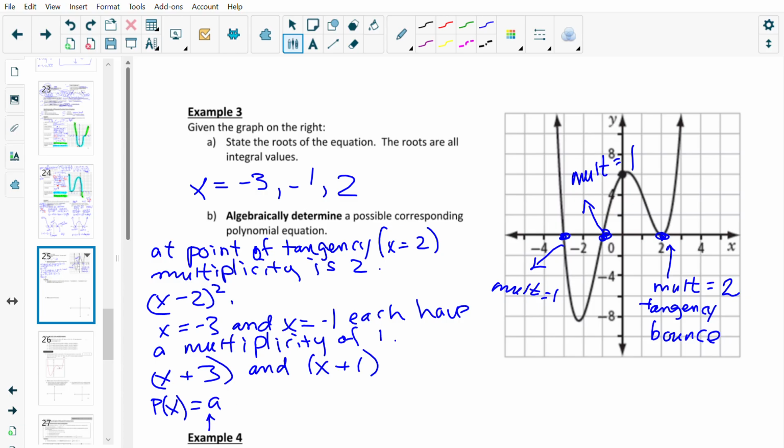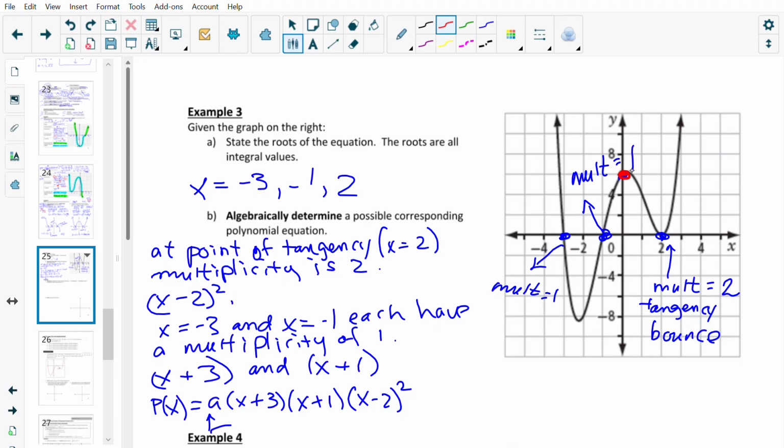Okay, so a possible, so I don't know what that lead coefficient is. We'll leave that alone, but I know my factors are x plus 3, x plus 1, and then x minus 2 squared when we put it all together. So this is going to be a quartic, 4th degree.